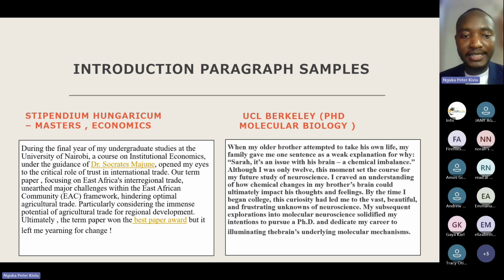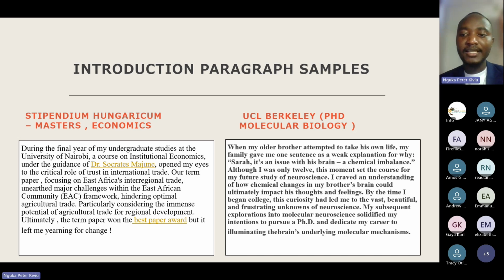I craved an understanding of how chemical changes in my brother's brain could ultimately impact his thoughts and feelings. By the time I began college, this curiosity had led me to the vast, beautiful, and frustrating unknowns of neuroscience. My subsequent exploration into molecular neuroscience solidified my intention to pursue a PhD and dedicate my career to eliminating the brain's underlying molecular mechanism.